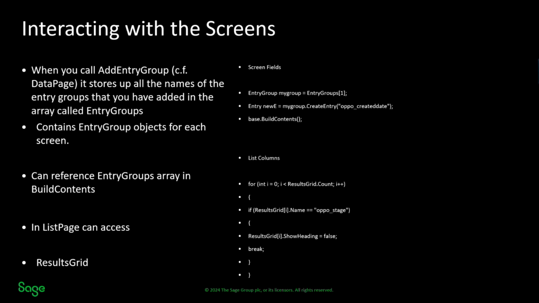I mentioned how we can get hold of screens and we can get hold of grids, because there is this idea of the search box or the results grid. These are inbuilt. You can get hold of the details of individual screens by using the entry group that is created. You can obtain that.